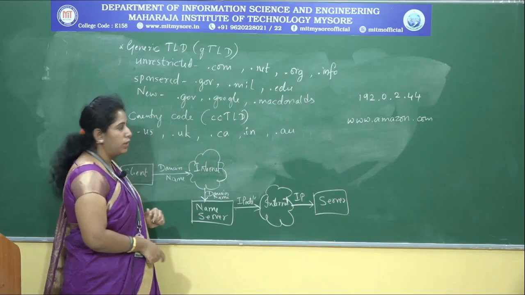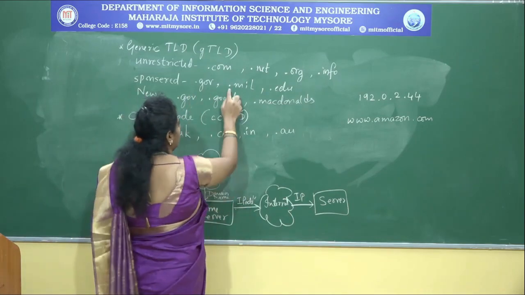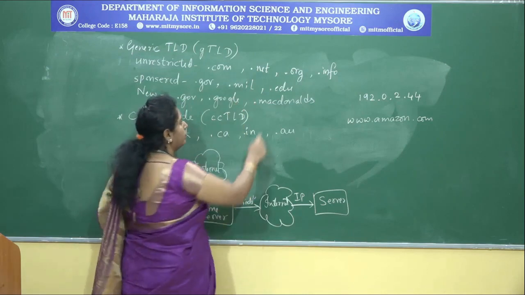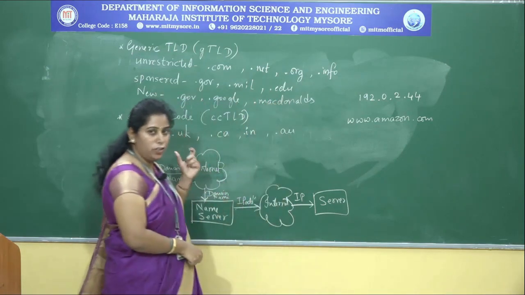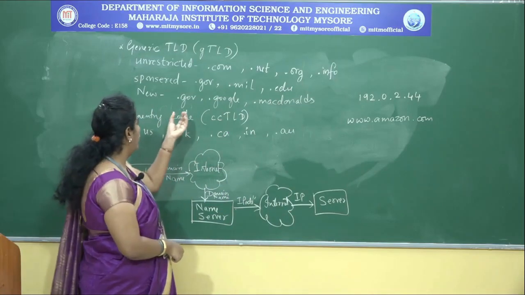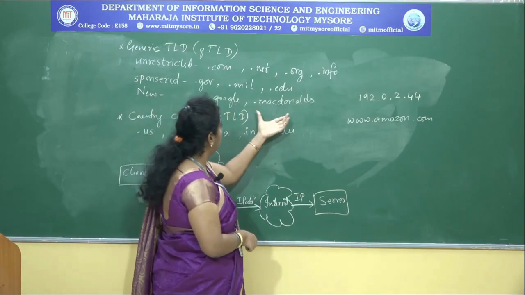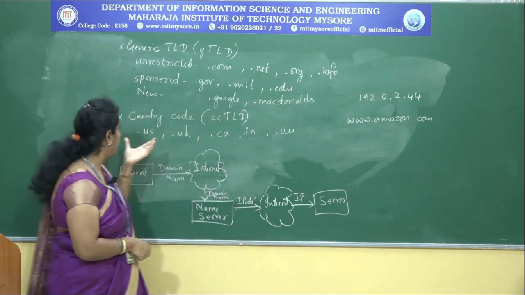Next is sponsored: .gov is government, .mil, military, .edu, education. Then there is something new, like .google, .mcdonald's, and so on.